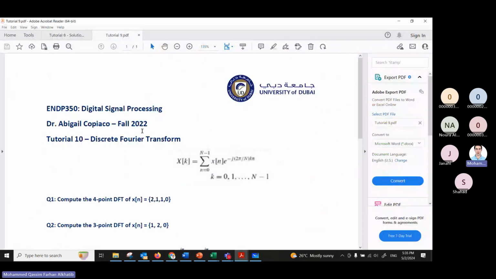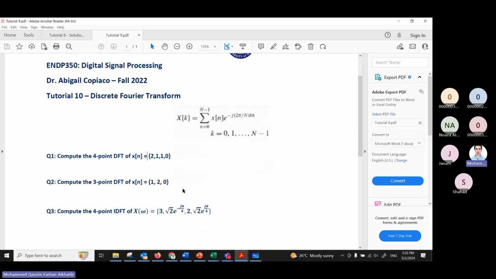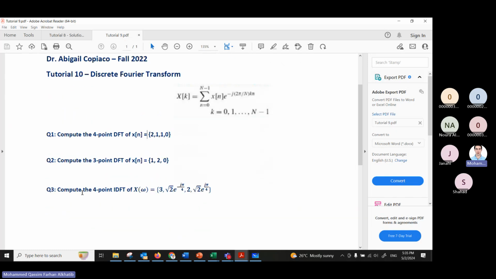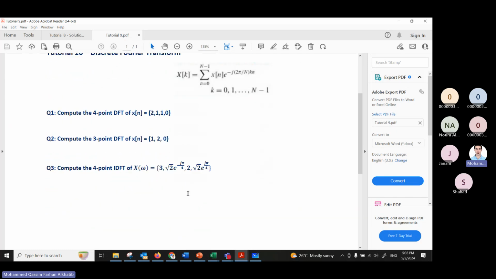Okay, so the discrete Fourier transform. Compute the Fourier transform here. So this is the formula. Now let's compute the 4-point DFT, compute the 3-point DFT. It's the same previous example, but now different data points. Compute the 4-point inverse DFT for these points.